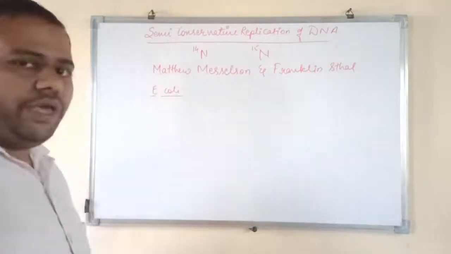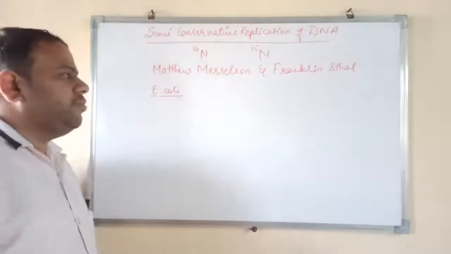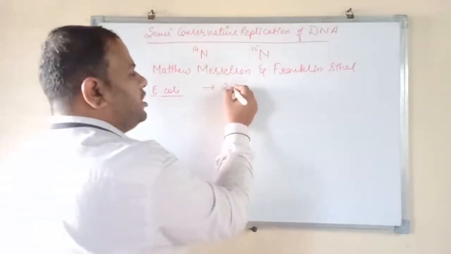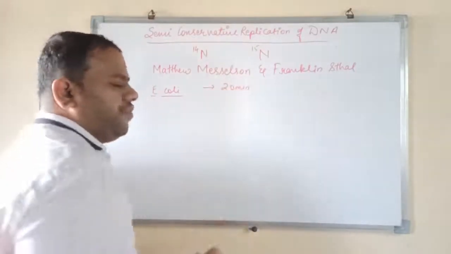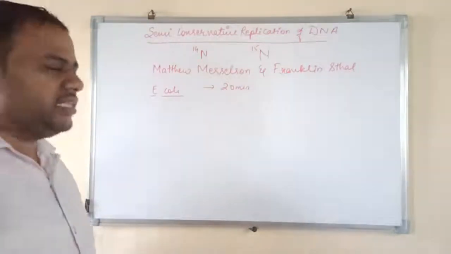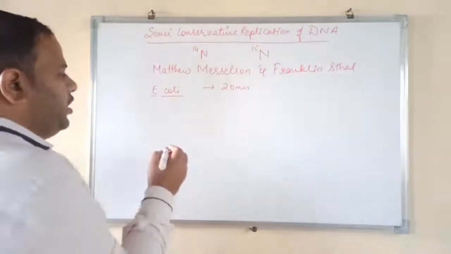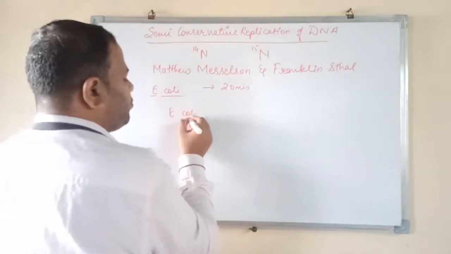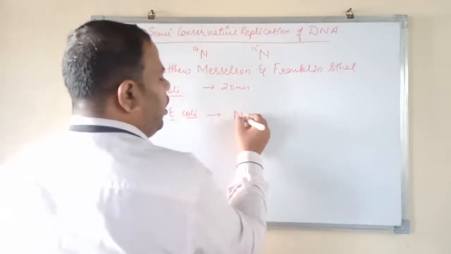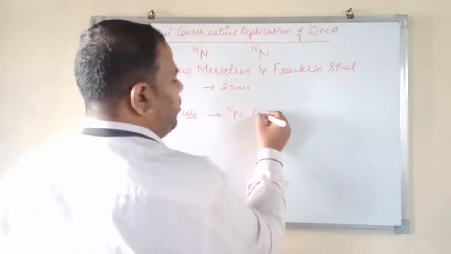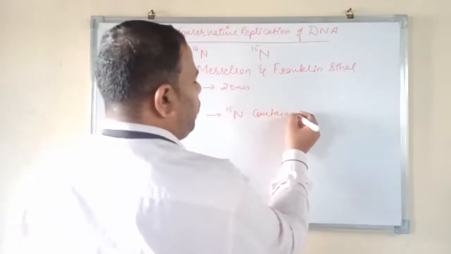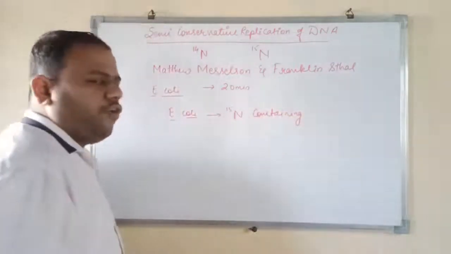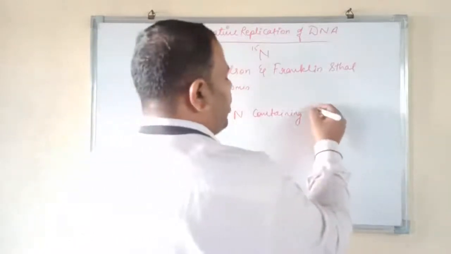E. coli is a very simple bacterium. It replicates within 20 minutes of its lifetime, so therefore they selected this organism. What they did first, they grew this E. coli on N15 containing medium, and they grew it for some generations.